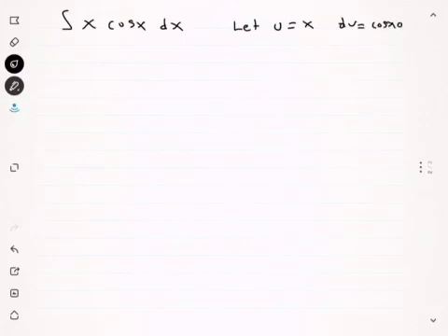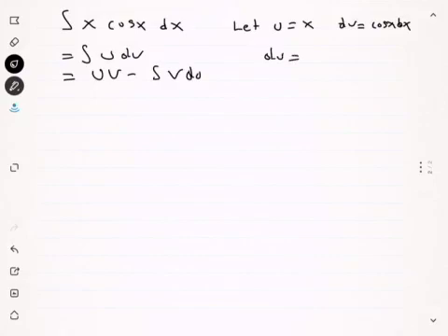Alright, the first example we're going to do, I'm going to take the integral of x times cosine of x dx. We're going to let u equal x and dv equal cosine of x dx. So then by doing that, this will be u dv, and by the integration by parts formula, this will be uv minus the integral of v du. Alright, we gotta find du from here.